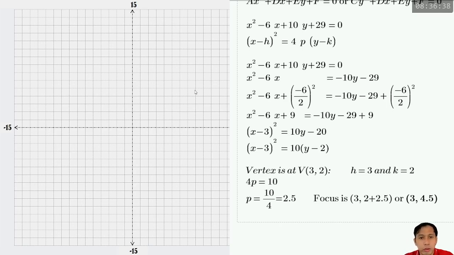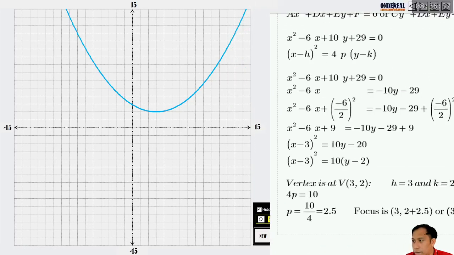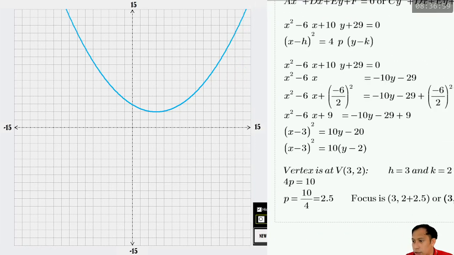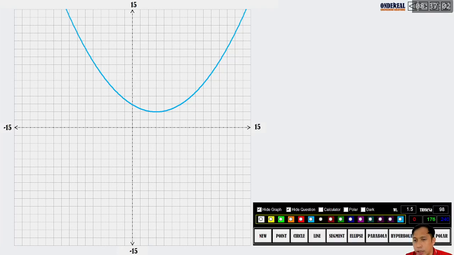Then P is 2.5 and it's upward. The graph is wrong, as you can see. Is that clear? Okay.